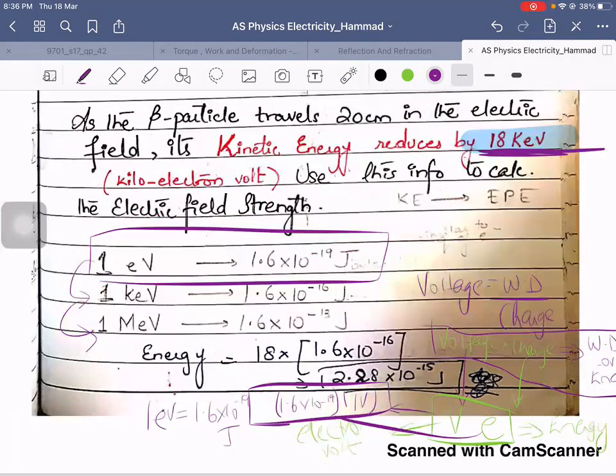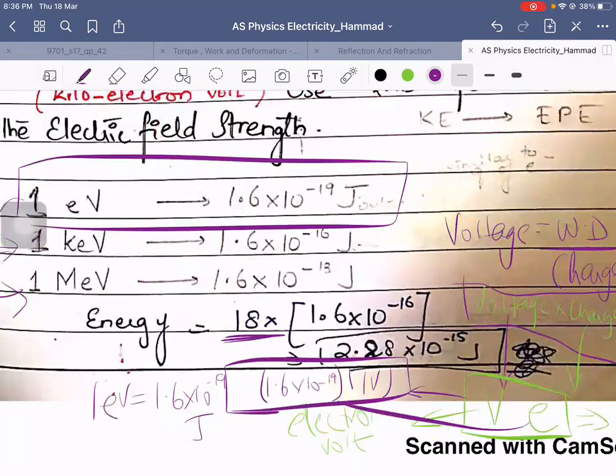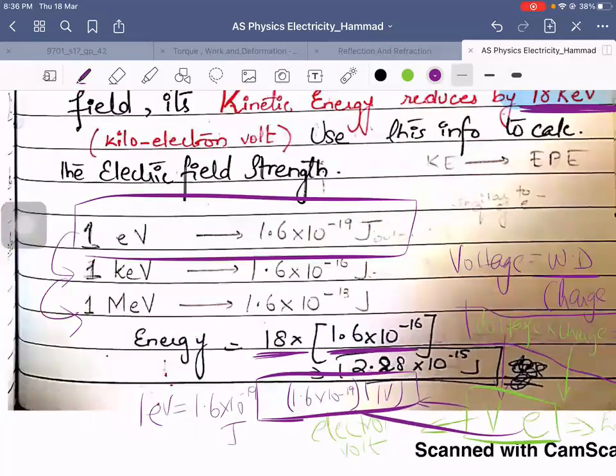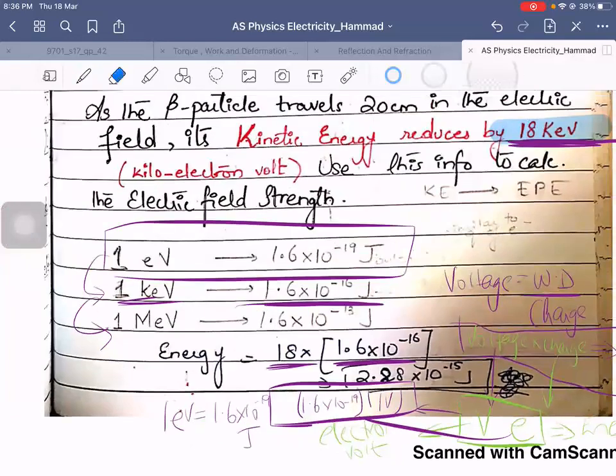So I will initially convert this 18 kilo electron volt into joules. 1 kilo electron volt is equal to this amount of joules, and I multiply that by 18 to calculate the total amount of energy. This is my total amount of energy, this value right here.